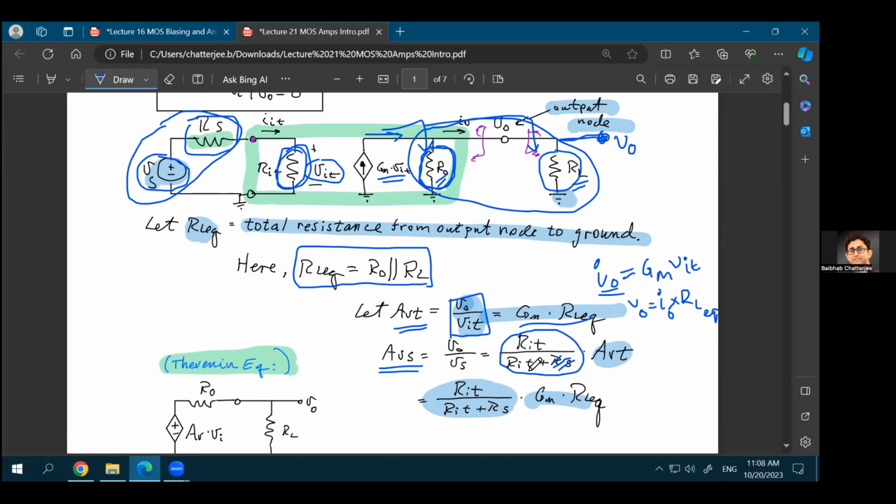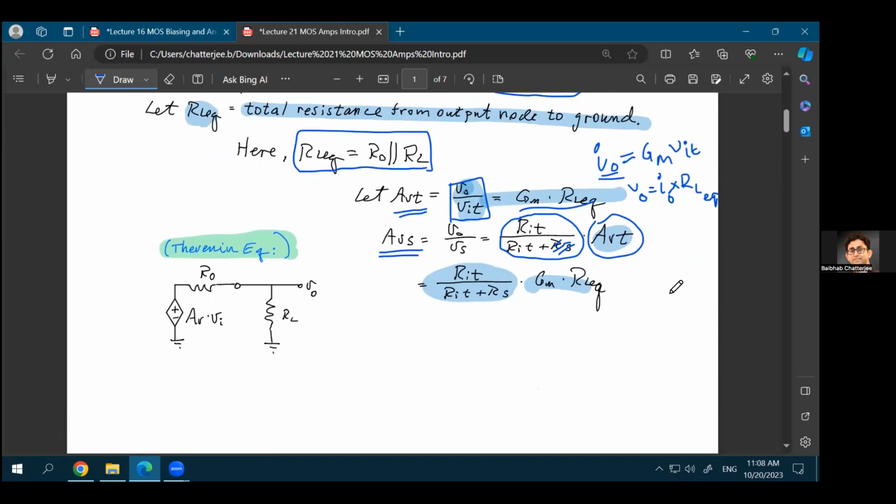So there will be no effect of that voltage division if the voltage source at the input is ideal. Now, what is the overall gain in the entire circuit? Assuming that the voltage source is ideal, it will just be equal to AVT, and AVT is something that you have found out before. AVT is equal to GM times RL equivalent. What is RL equivalent? RL equivalent is RO in parallel with RL.